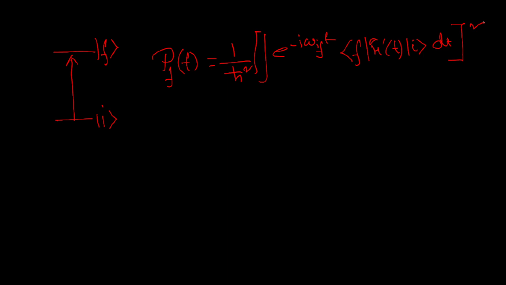For molecular spectroscopy, what does the perturbative Hamiltonian do? It just adds to the unperturbed Hamiltonian part and excites the molecule from I to F.